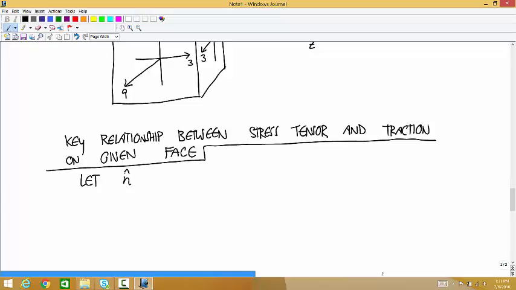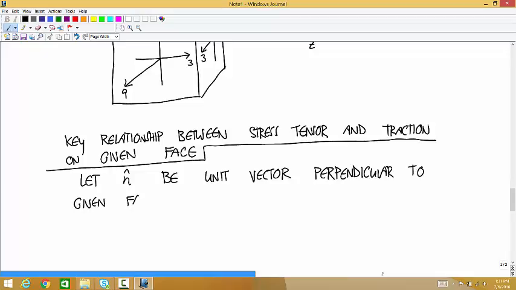Let n hat, so this is a normal vector, this is a unit vector, let n be a unit vector perpendicular to a given face pointing out of the material.